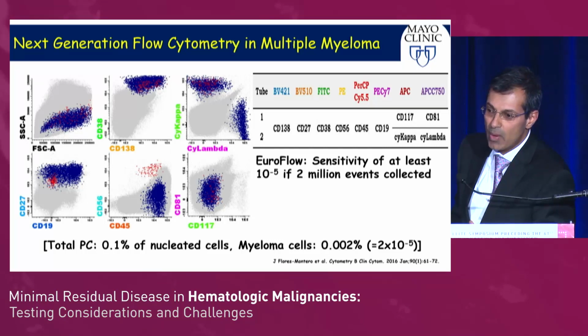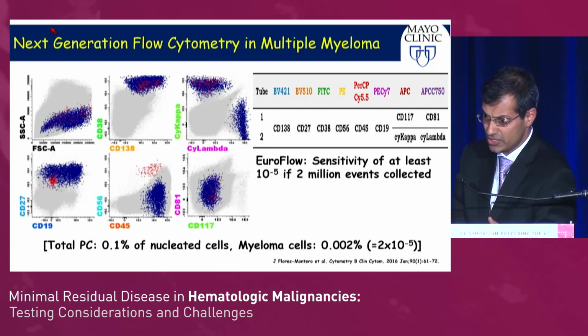sensitivity was 10 to the power minus 4. But when the same patient's sample was analyzed with a more sophisticated test, such as this next-generation flow cytometry, aberrant plasma cells, which are depicted by these red dots, were detected at a level of 2 in 100,000 cells.